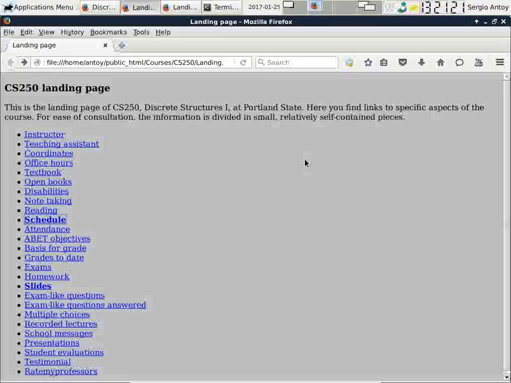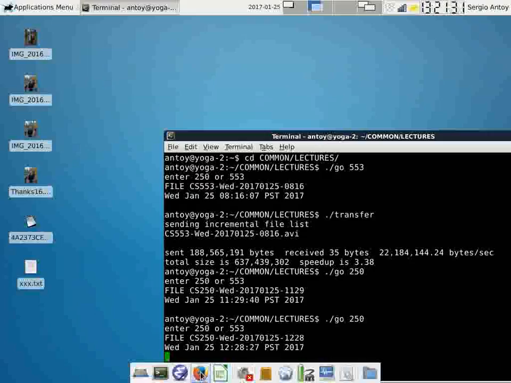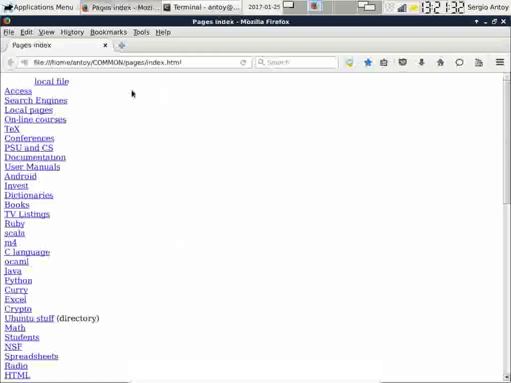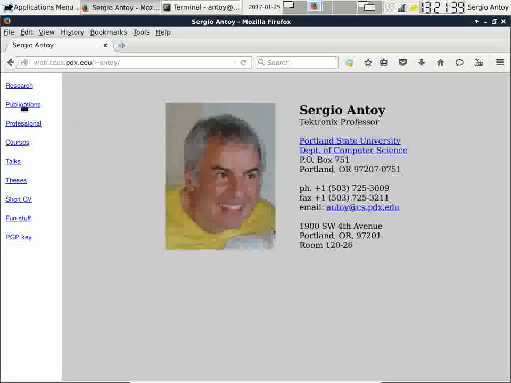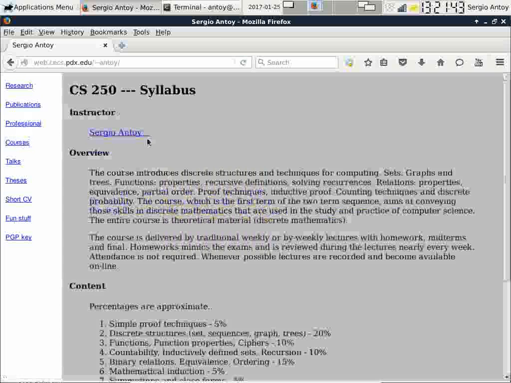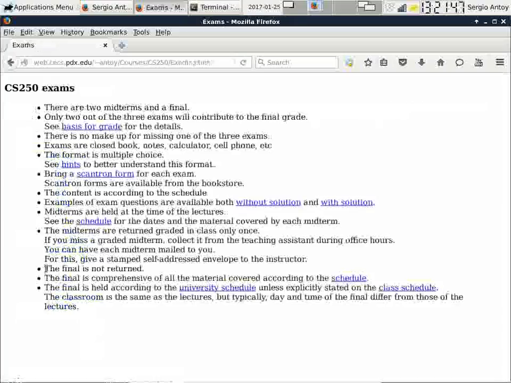The network never works well here. Let me go to the website, local page, computer science, courses, discrete structures, landing page, exam, Scantron form: not found. You are right. I'll fix it.